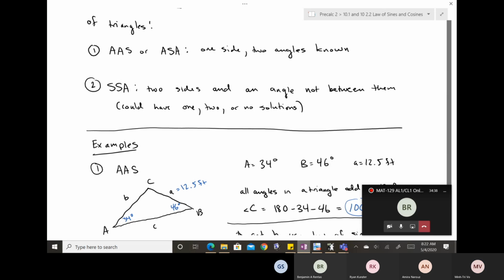So let's say you know two sides and an angle, right? So say you have a triangle that looks like this.